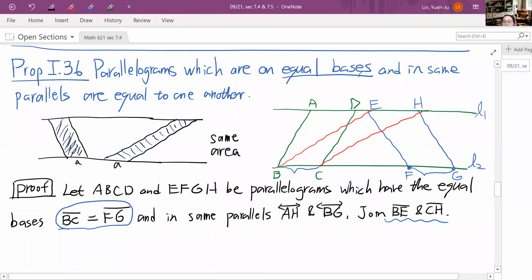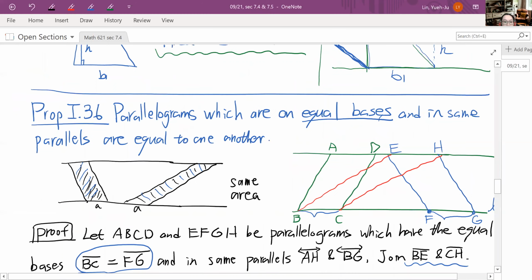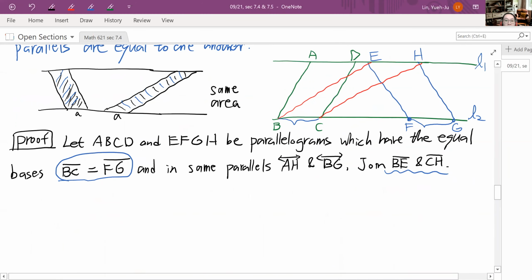But I'm going to draw an intermediate parallelogram, the red one I just drew, BCHE, and use it as a tool. So first, we already have all the information here: BC equals FG and we have two parallels. Let's start from what we have.